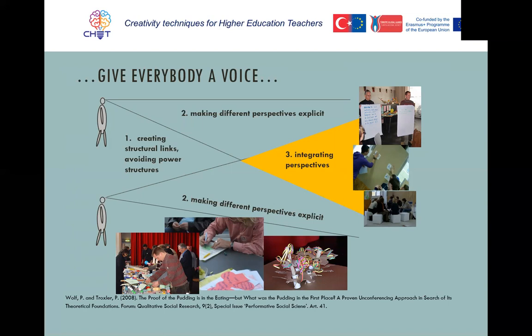Now, what we know, on the other hand, is that everybody has a specific perspective on a certain challenge. So what you should do first is give the participants the opportunity to make their perspective explicit individually, because then you will get a broader variety of ideas and approaches.